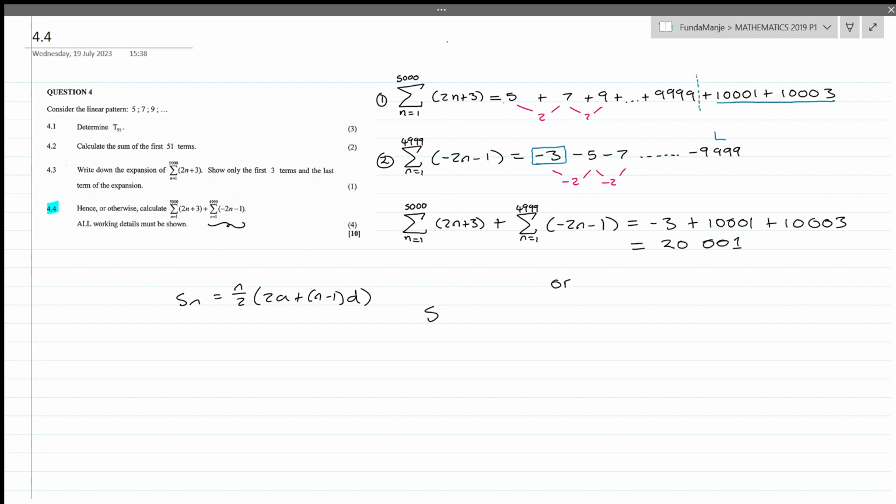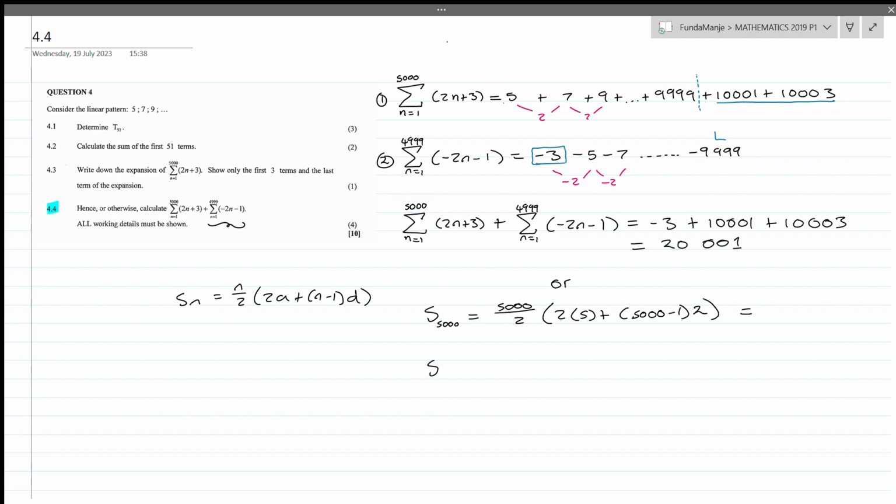We have the difference here being 2, and we have the difference here, minus 5 minus negative 3, that's negative 2. So we're subtracting 2, or negative 2, each and every time. So we know what the d is for the first one and the difference for the second one as well. Then we are able to use the sum formula to directly find what the sum of each of these is going to be. Then we can add. So for the first one, we are summing up to 5,000 terms, which means n is 5,000 over 2, and 2a is going to be the first term, which is 5, plus (n minus 1), where n is 5,000, multiplied by our difference of 2.